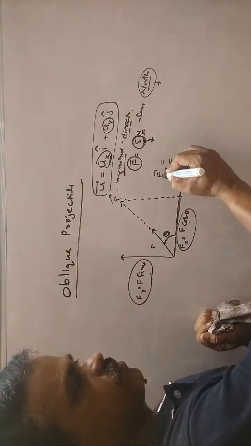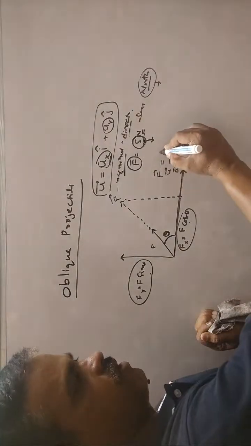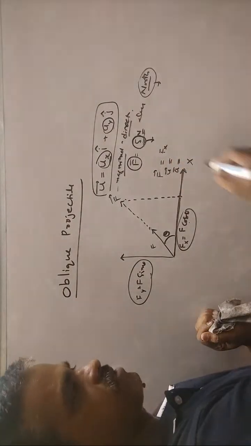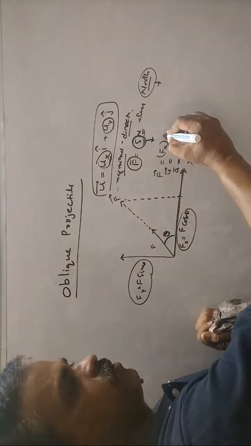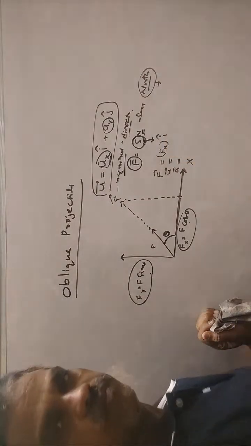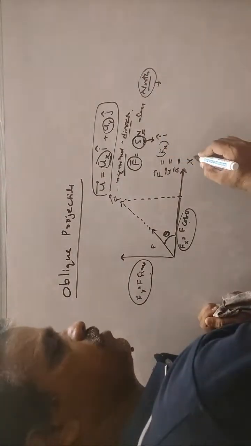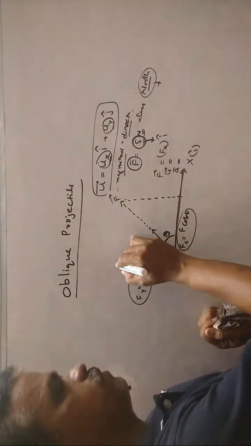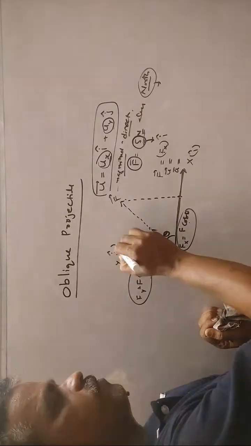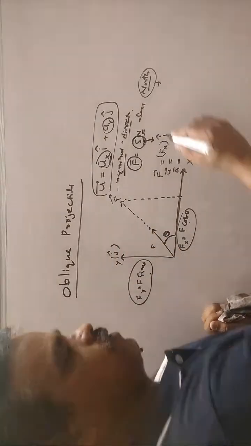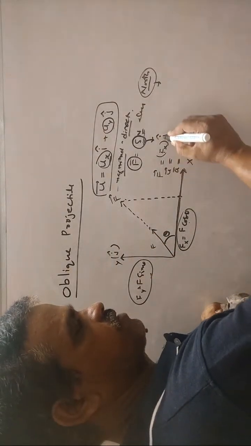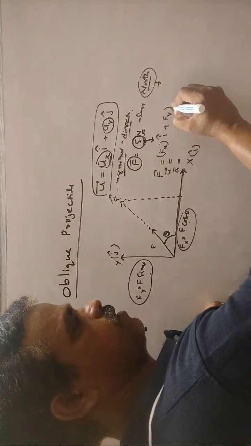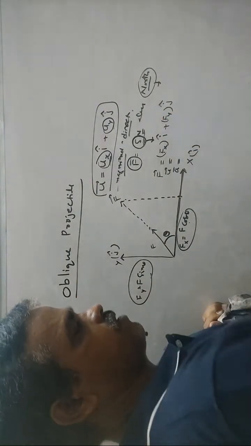The F vector is fx I cap plus fy j cap, where I cap is the unit vector along the x-axis and j cap the unit vector along the y-axis.